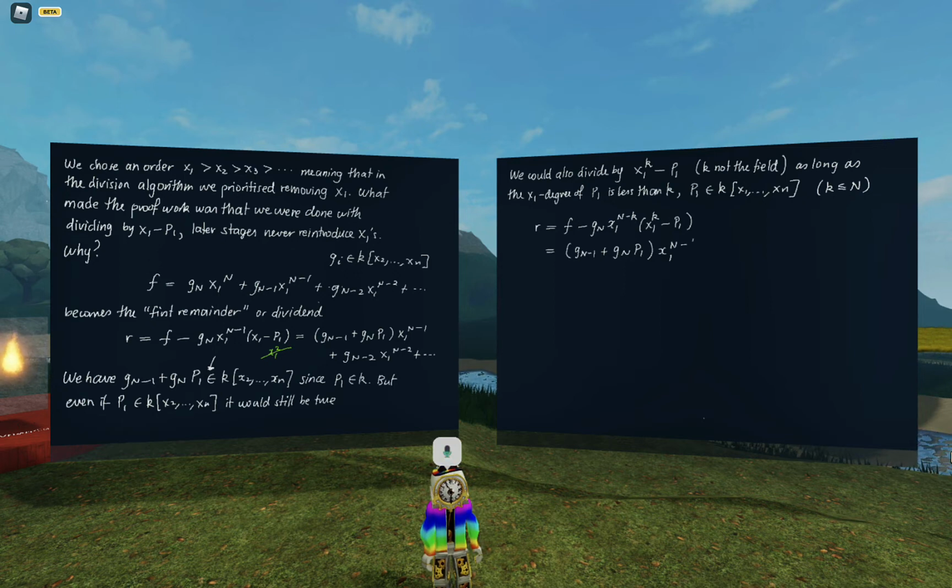Okay, so the first term will cancel from this, and I'll be left with plus gn x1 to the n minus k times p1. Well, sorry. Yeah, maybe I should write this out.